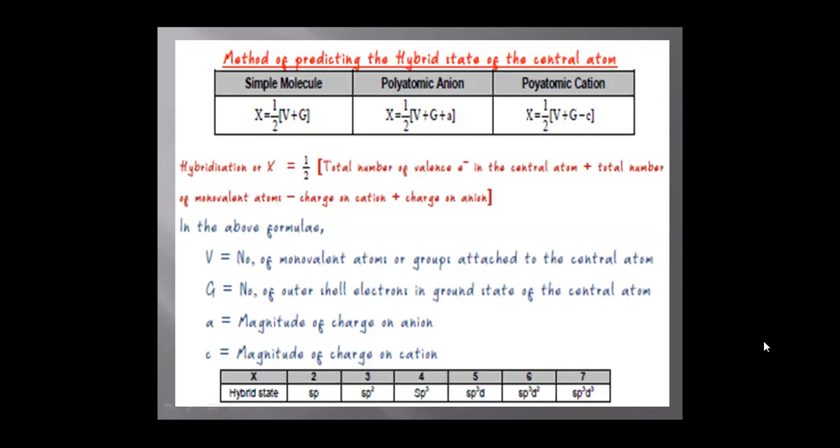In the above equation, V is the number of monovalent atoms or groups attached to the central atom, G stands for the number of outer shell electrons in the ground state of the central atom, A is the magnitude of the charge on the anion, and C stands for the magnitude of the charge on cations. The hybridized states are sp, sp2, sp3, sp3d, sp3d2, sp3d3.